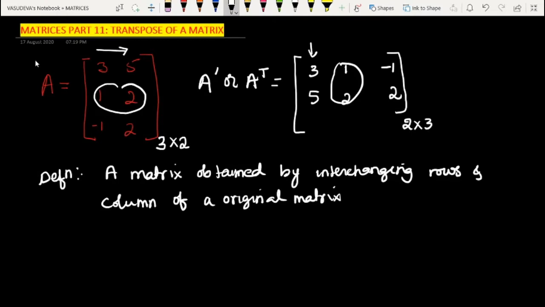So rows ಇದ್ರೆ columns ಗೆ, rows ಅನ್ನ we can change into columns, or columns are changed into rows.